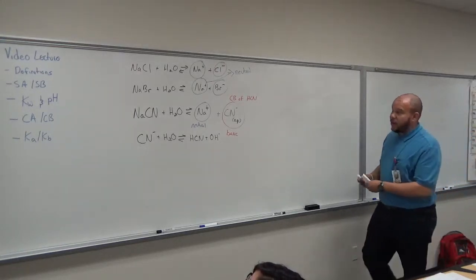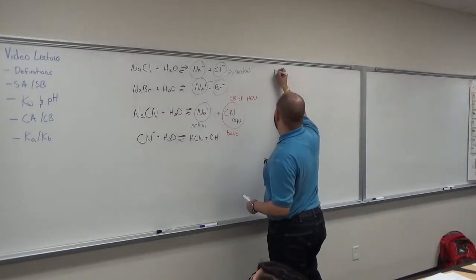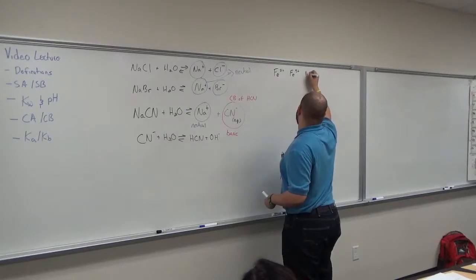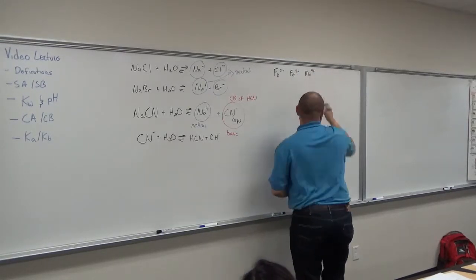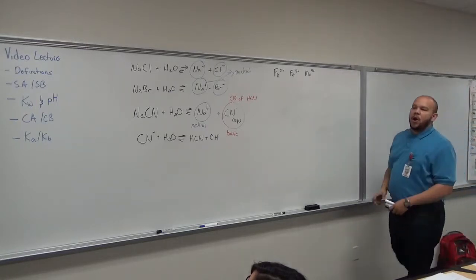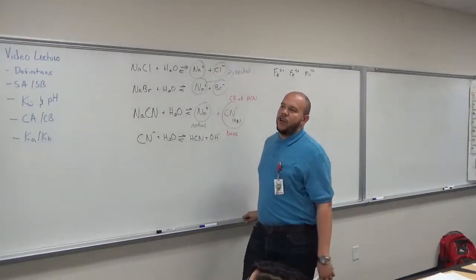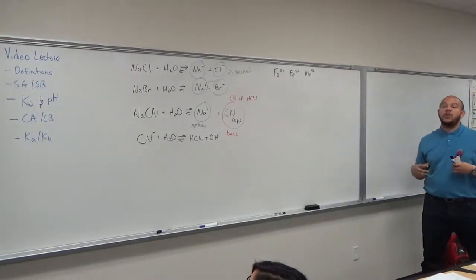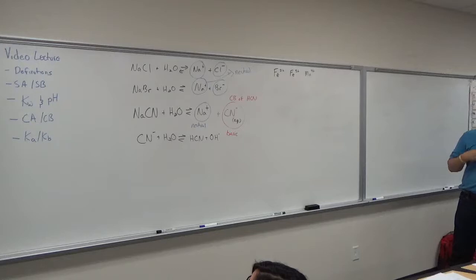When you talk about transition and post-transition metals, we're talking about iron 2+, iron 3+, manganese 4+, etc. If you look down at the bottom, they show you zinc and aluminum, both give acidic pHs. What ends up happening is something called hydrated cations. Transition and post-transition metals form a hydrated cation. The water attached to the metal is more acidic, making the hydrated ions acidic.